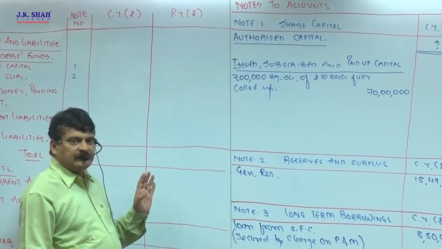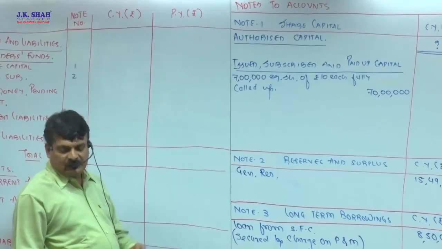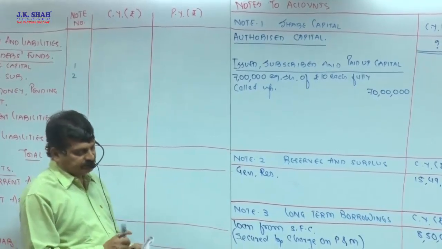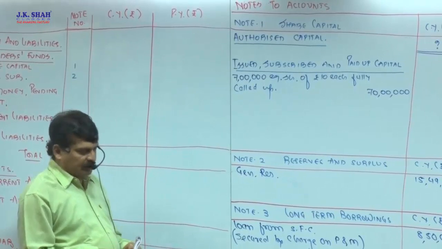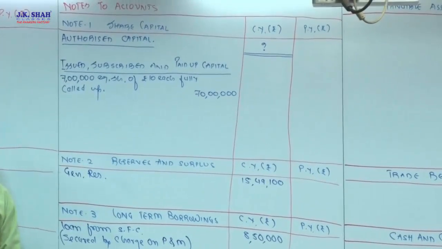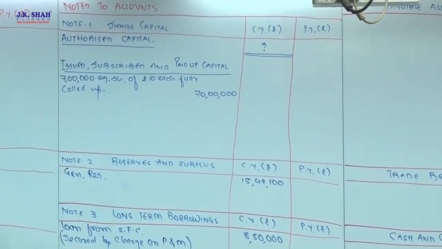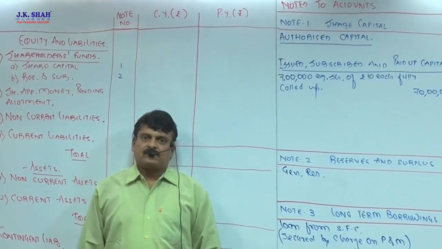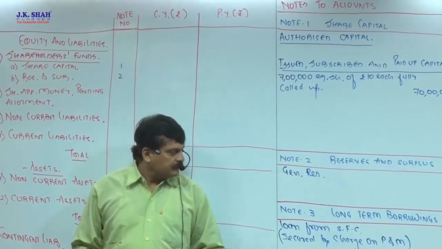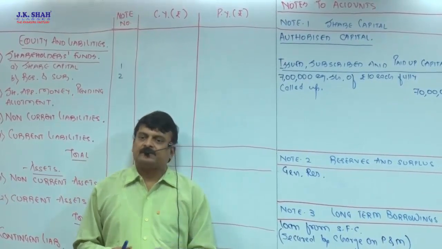Remaining 2 lakh is short-term borrowing. Go to short-term borrowing. Same way, loan from State Finance Corporation, 2 lakhs.